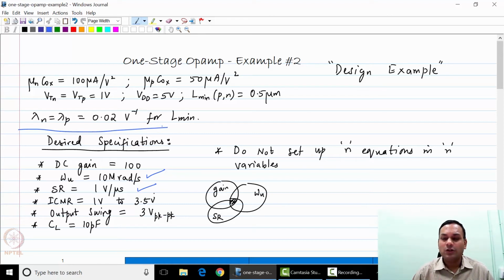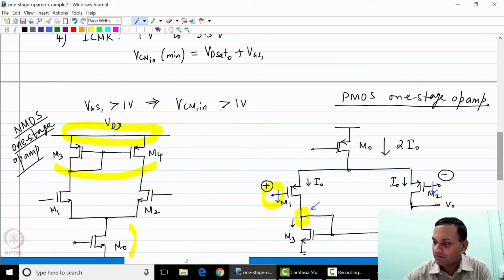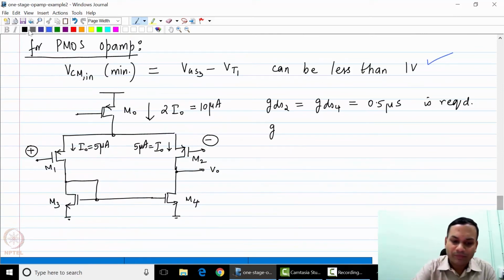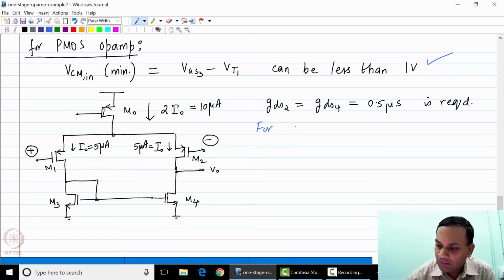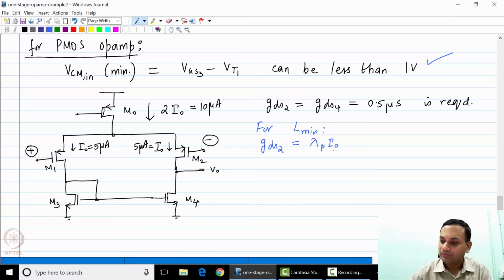So let us assume that L is equal to L-min and find out what the value of GDS2 and GDS4 is. For our circuit, if we were to use L-min, GDS2 is lambda P times I naught.